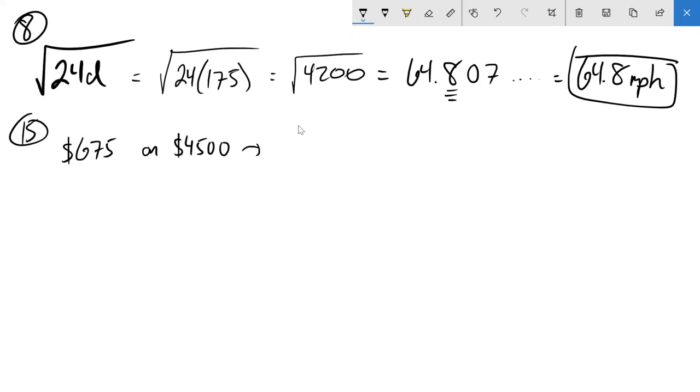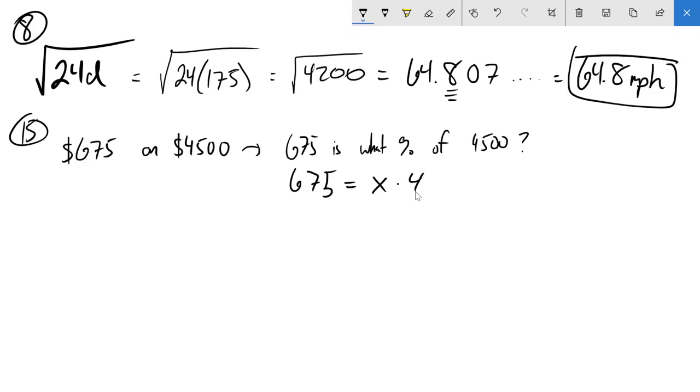What we're trying to figure out is, 675 is what percent of 4,500? That's really the question, because that was a percentage calculated on the total. You could turn that into an equation, or you can just remember that when you're dealing with tax or commission, typically you can just take the smaller value and divide it by the bigger value.